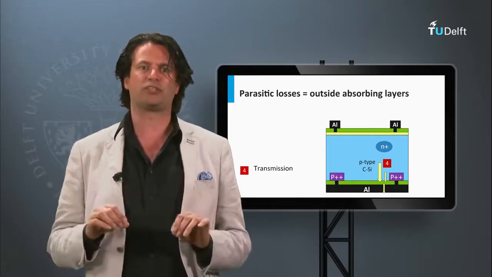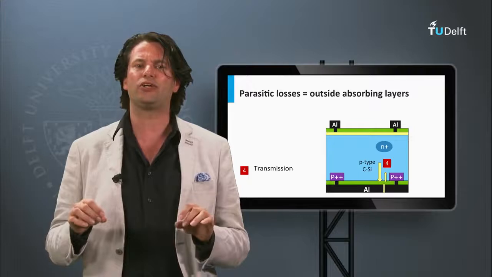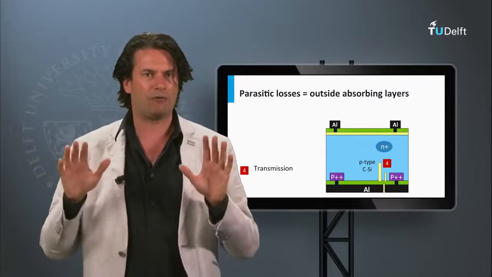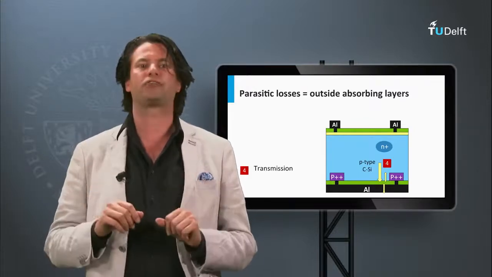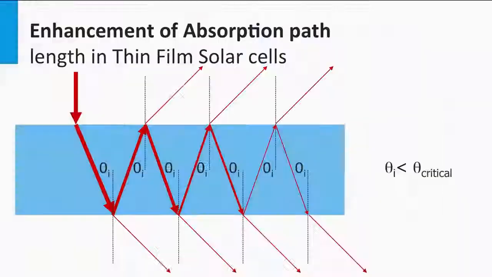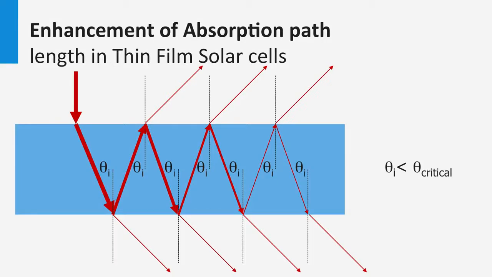For these type of solar cells, you would like to scatter the light under the critical angle. I will explain the importance of the critical angle right now. Consider a single film of absorber material with a higher refractive index than its surroundings. For some magic reason which we for the moment ignore, the light scatters under a certain angle into the film.